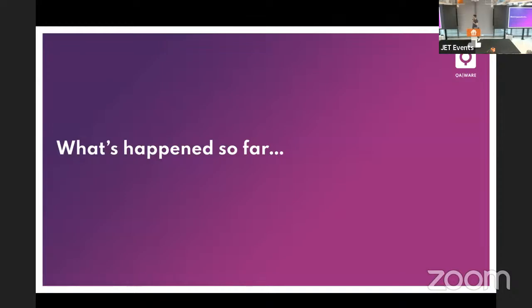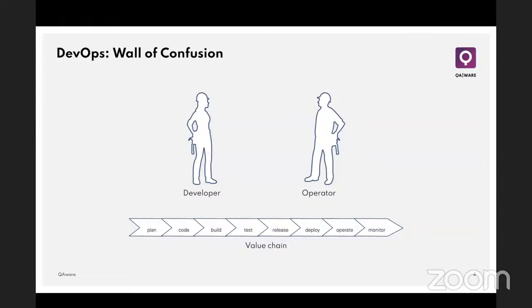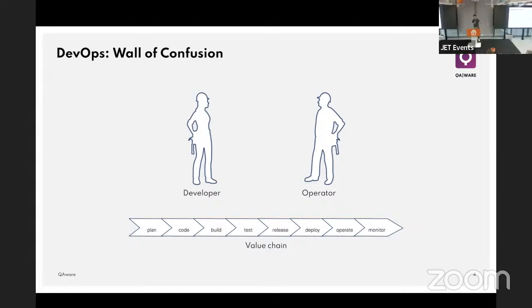Okay, so what happened so far? There was the developer and there was also the operator. They had a shared value chain. They want to plan, code, build, test, release, deploy, operate, and monitor the software. That's the whole value chain that you build as some kind of application. And apparently there was some wall of confusion between them.